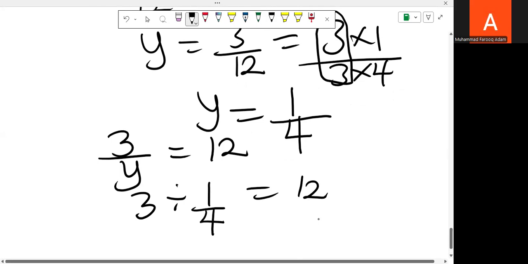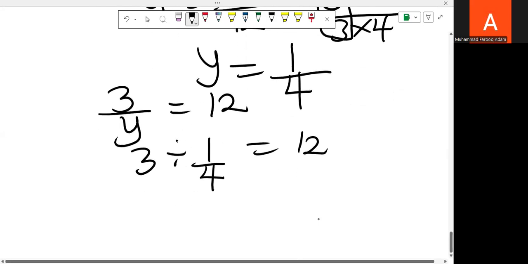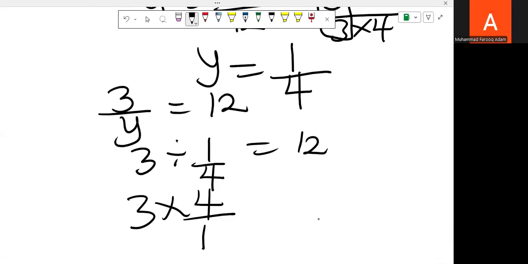When we have a division sign, we switch the fraction over and the division sign changes to a multiplication sign. So we have 3 multiplied by 4 over 1. And we know that 3 times 4 is equal to 12, and 12 divided by 1 is still the same thing as 12. Hope you understand.